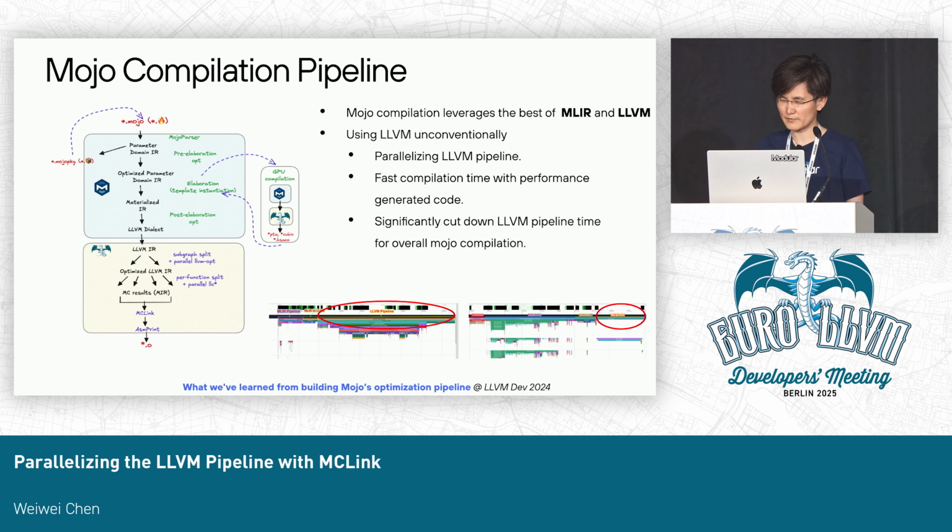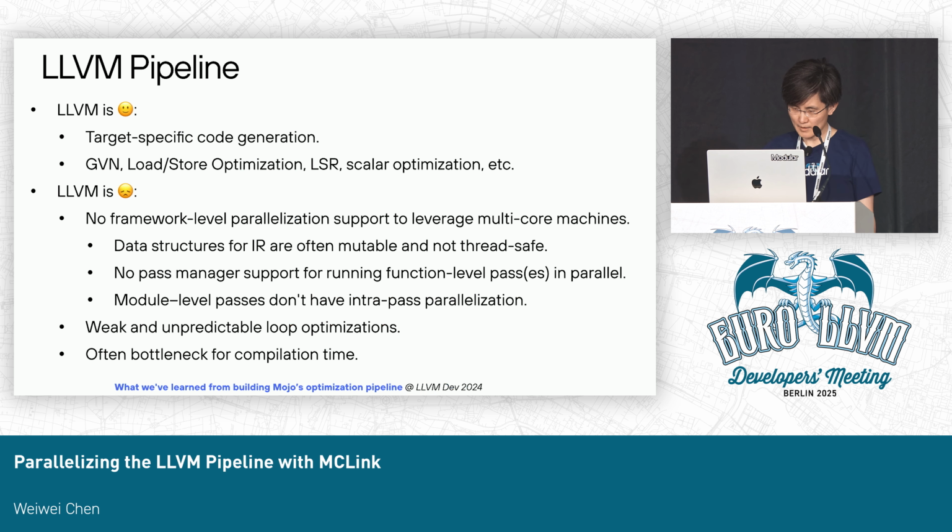We're using LLVM in an unconventional way, in the sense that we parallelize the LLVM pipeline so that we can get fast compilation time, and also guarantee that the generated code is performant. This significantly helps us cut down the LLVM pipeline time in the overall Mojo compilation time.